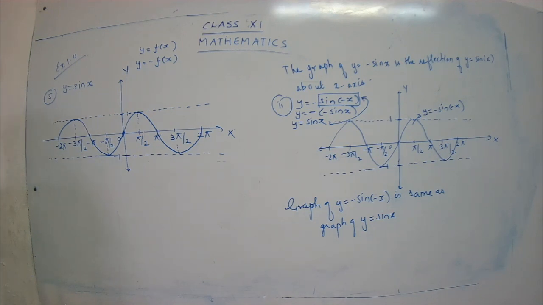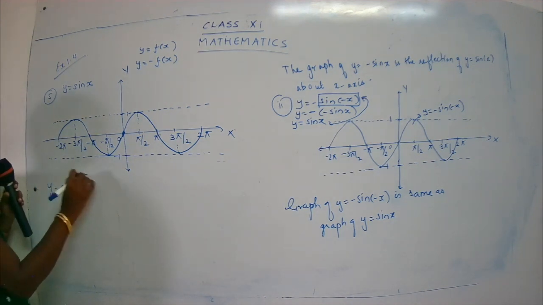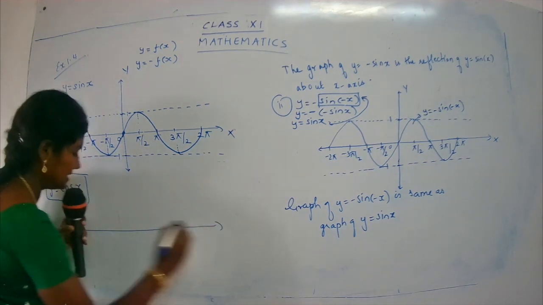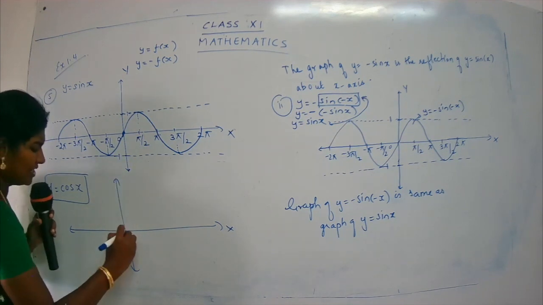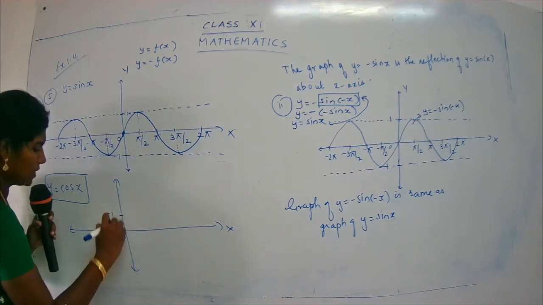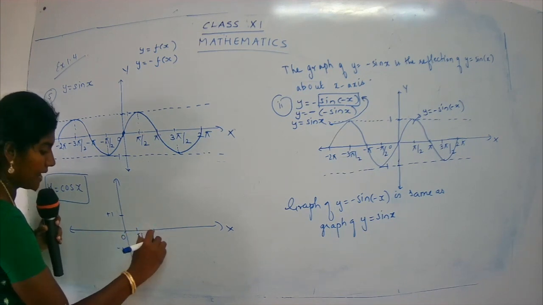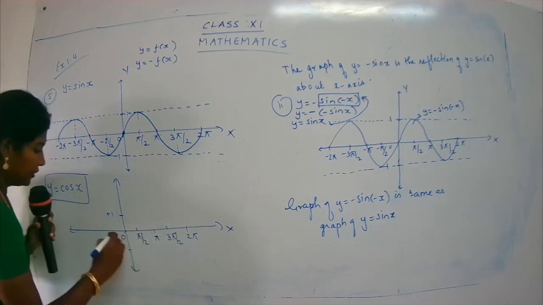Okay, children? Before we go to subpart 3, I would like to show you how the graph of cos x looks like. Just do not do anything, no need to draw, you just get an idea of how the graph of cos x looks like. The first thing is the same: you plot an x-axis and a y-axis, and everything is the same, 0, plus 1, minus 1, and pi by 2, pi, 3 pi by 2, 2 pi.